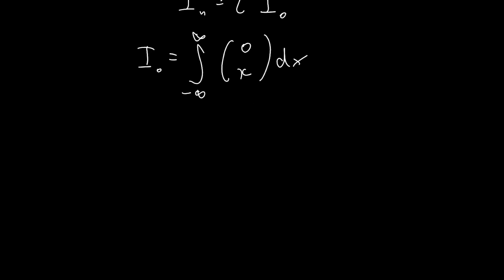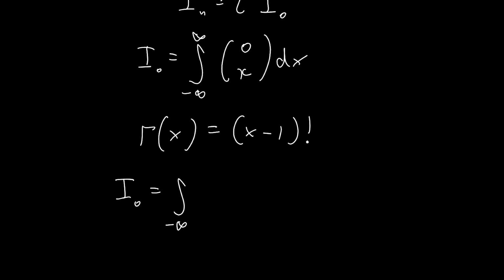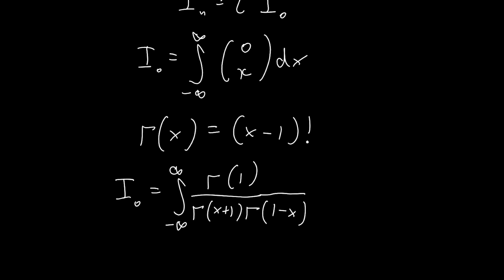So I'm going to start by quickly saying that gamma of x equals x minus 1 factorial. So I of 0 equals the integral between negative infinity and infinity of gamma of 1 over gamma of x plus 1 times gamma of 1 minus x dx.